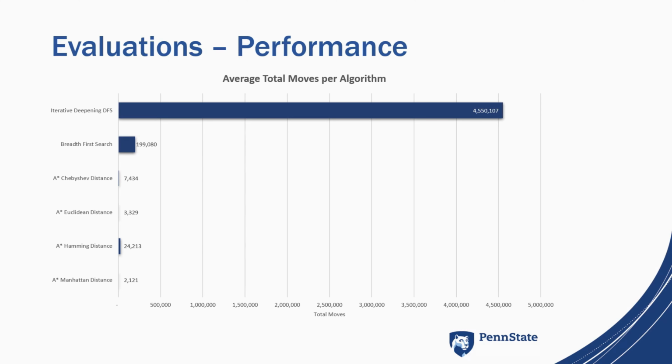The average total moves per algorithm indicates A star with Manhattan distance requires the fewest moves, followed by A star with Euclidean distance, the Chebyshev distance, and Hamming distance. BFS and IDDFS require significantly more moves.